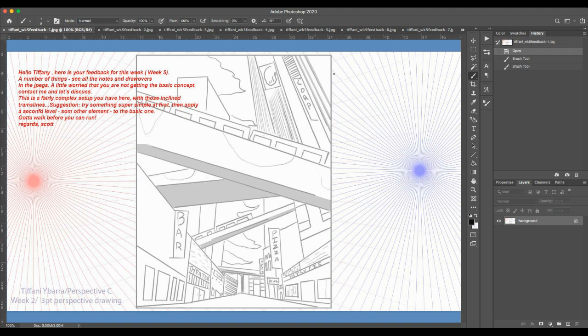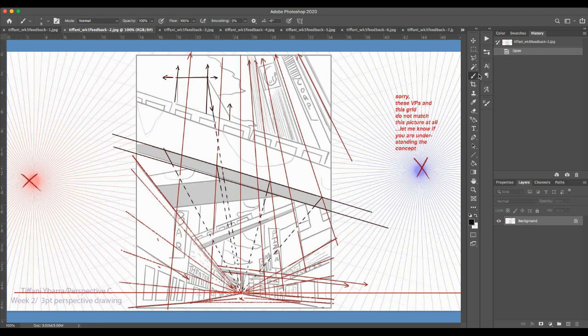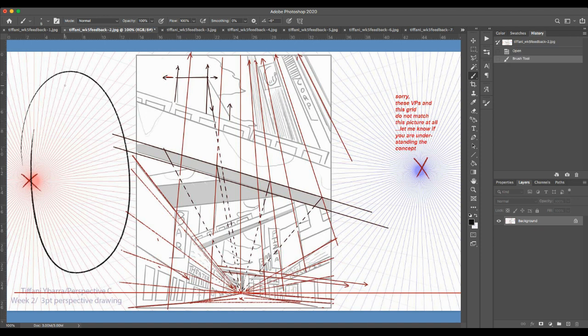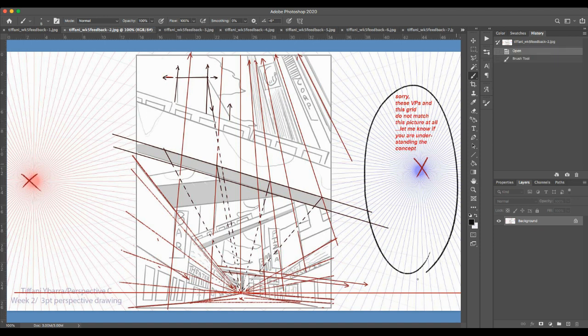So this won't last very long because it's basically a rehash of what I said to you before with all these. So the problem is that your drawing is not really going according to what you have set up here and here, which is basically your grid. As you can see, you've got a VP here and here.